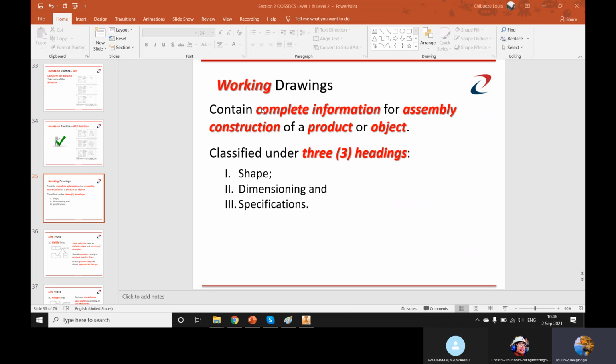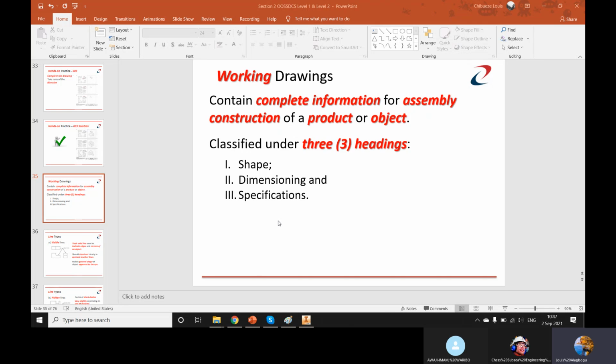They don't know if you're working in millimeter or meter or inch or feet. If you don't tell them the materials you use, that's still not complete. So it should be a complete drawing in such a way that the person handling the drawing should be able to reproduce whatever you drew there and recreate it. So you should have all the information it needs to do that.